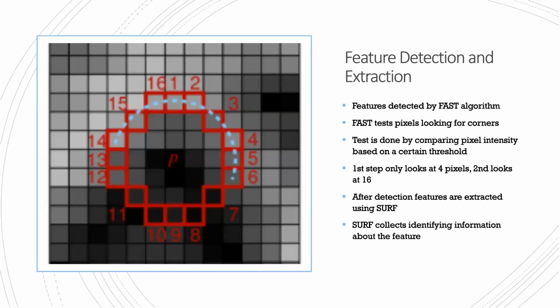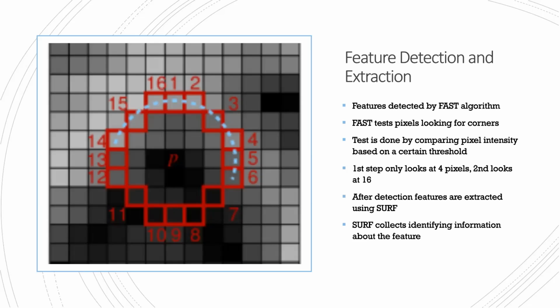All these tests are done by comparing the pixel intensity based on a certain given threshold. In the first step, we look at 4 pixels, specifically pixels number 1, 5, 9, and 13 on this picture here.